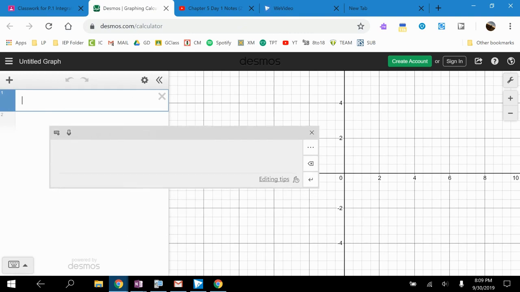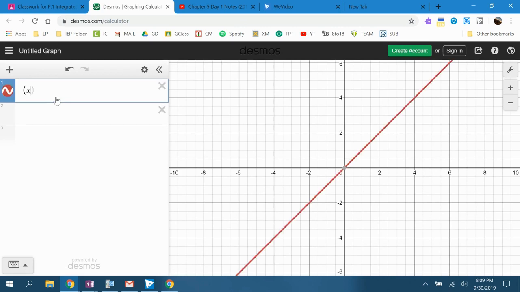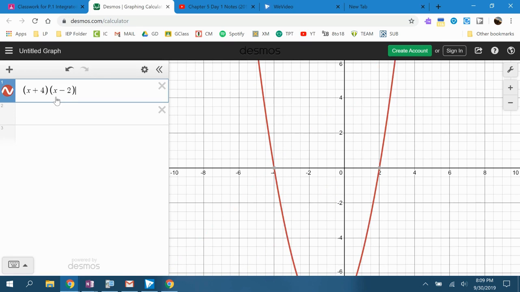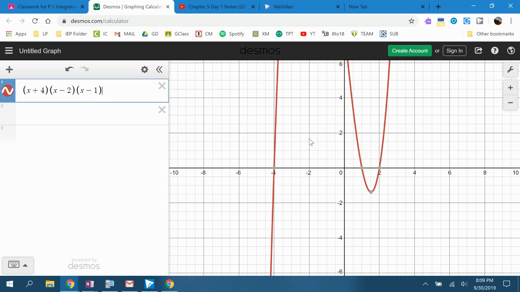So like, put in the one that we just did. So in Desmos, if you put in like x plus 4, x minus 2, x minus 1, you can click the points you want. So if you wanted a relative min, click it. There it is. Boom. That easy.